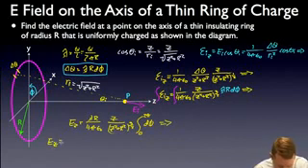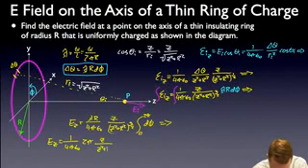E in the z direction, when I go through here, is just going to be 1 over 4 pi epsilon naught. I'm going to have a 2 pi times z over z squared plus r squared to the 3/2. And of course, I still have my lambda r. 2 pi and 4 pi, well, that's just going to be 2 in the denominator, lambda r over 2 epsilon naught, z over z squared plus r squared.